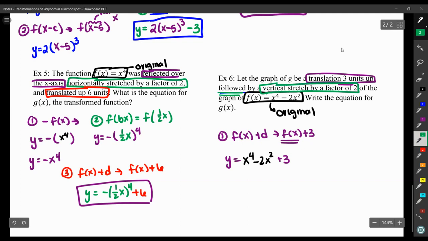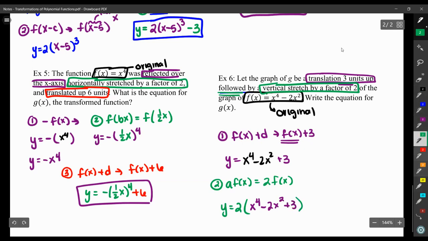So vertical stretch by a factor of 2 is the value of a. So it's going to be a times f of x, but I know that a is really a 2. So again, we're going to take 2 and multiply it to the entire function. So y equals 2 times the function that we're transforming, the one we had from the previous step, number 1.